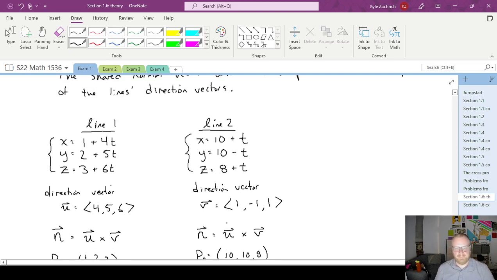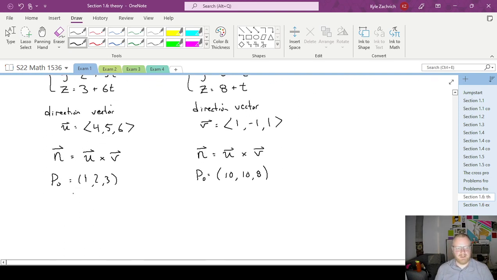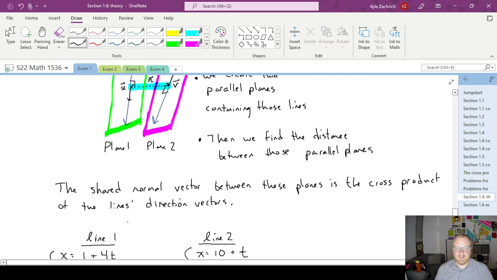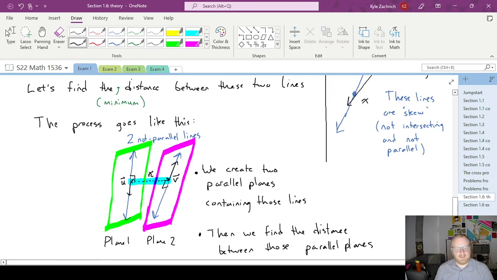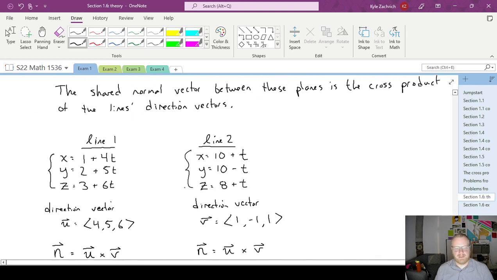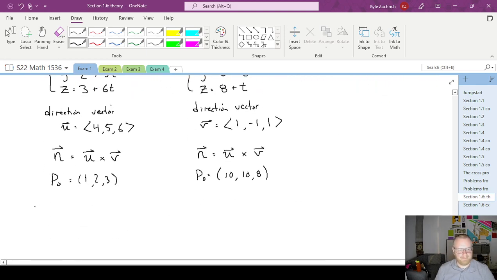From here, we have enough information to make two planes, normal vector and point, so I'll say plane 1, plane 2.